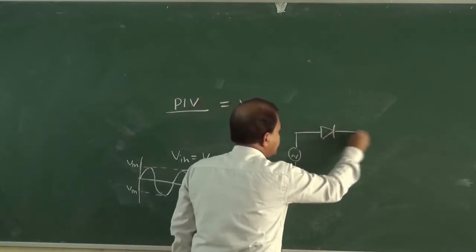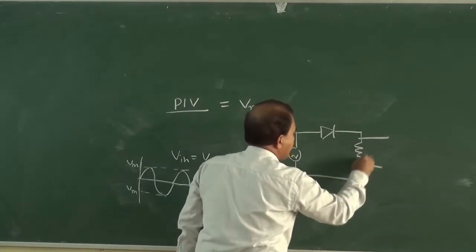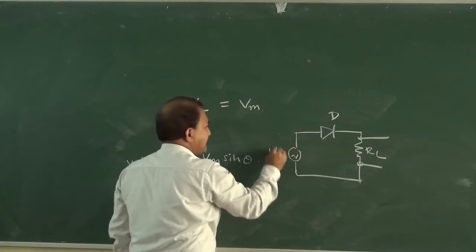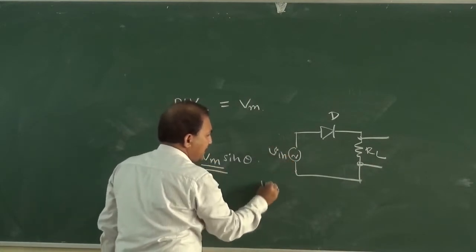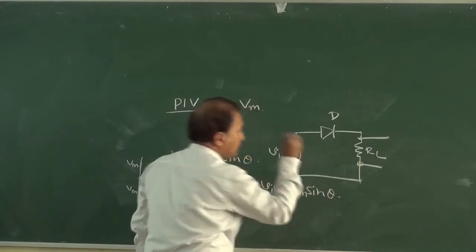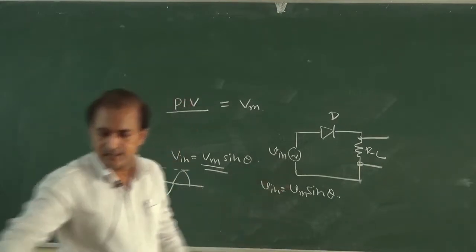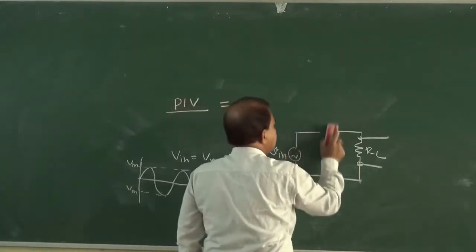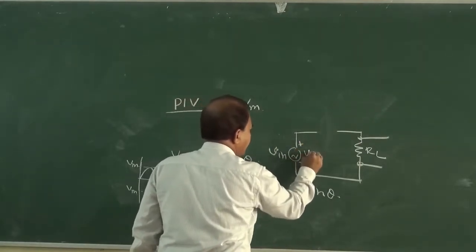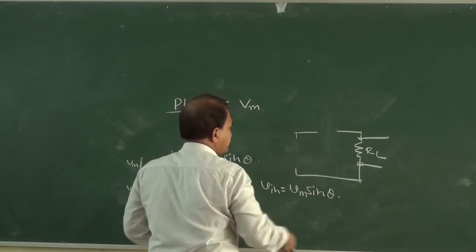Suppose this is the circuit diagram of a half wave rectifier circuit. This is RL, this is diode D, and this is Vin. So Vin is equal to Vm sin theta. Now, reverse bias means the diode is open, and across it is plus minus Vm.